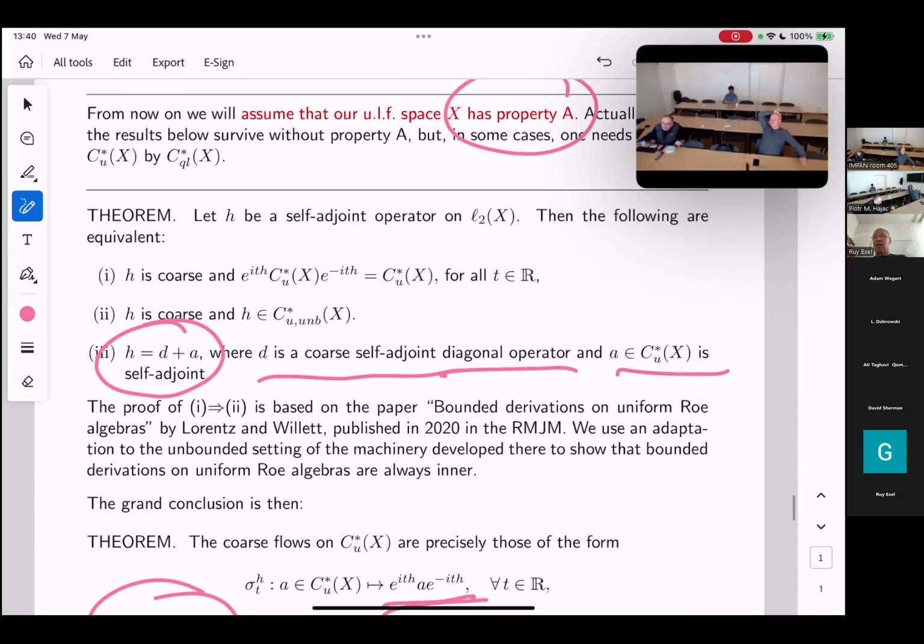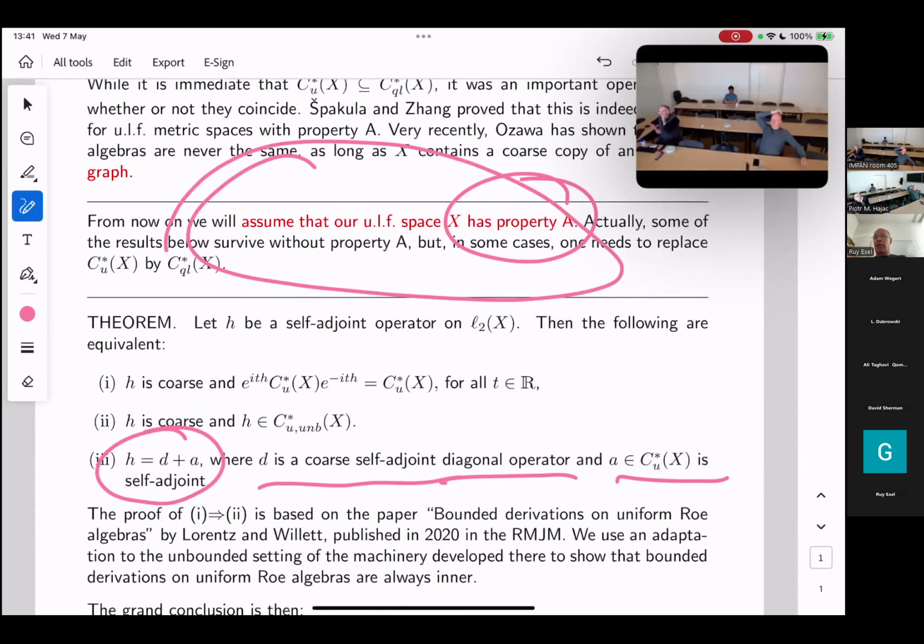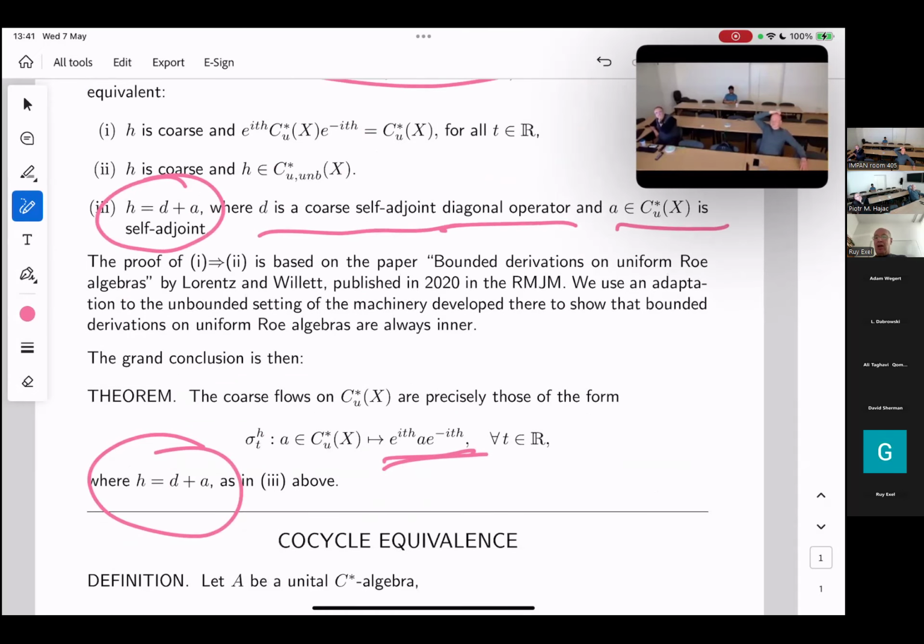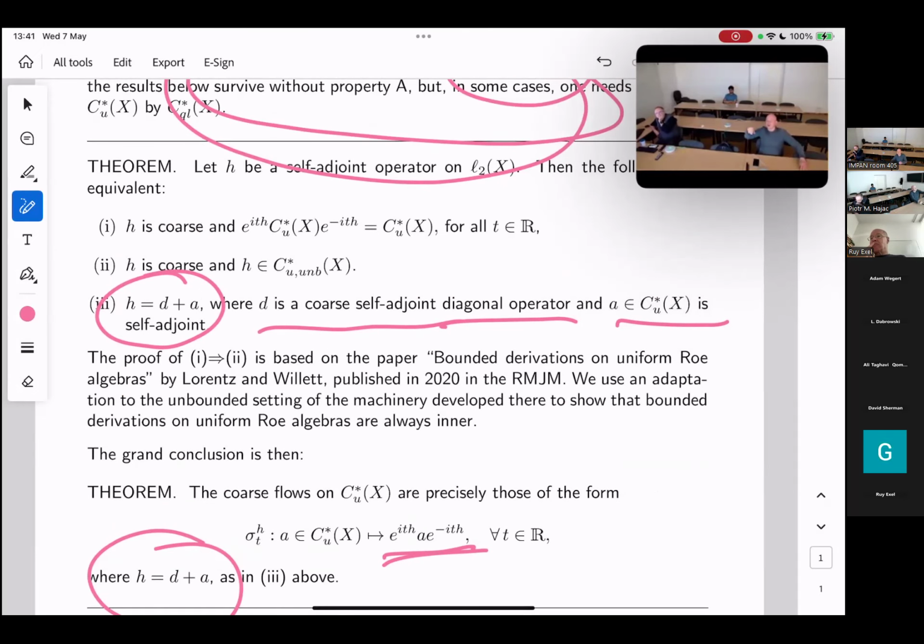Yes, exactly. As I said here, from now on, all of our spaces have property A. I have a question about condition number 3, this decomposition of H into the sum of D plus A. If the coarse diagonal operator is self-adjoint, what is the meaning of this decomposition if A is simply self-adjoint?